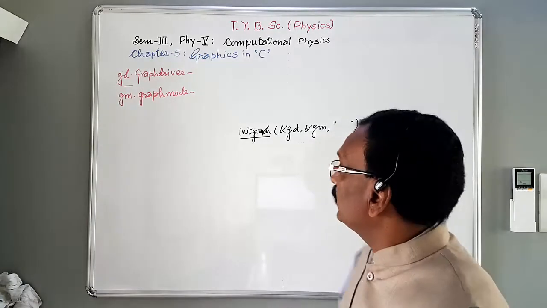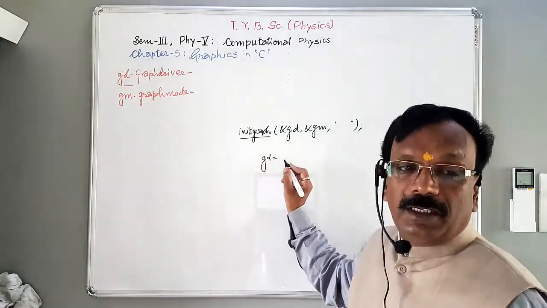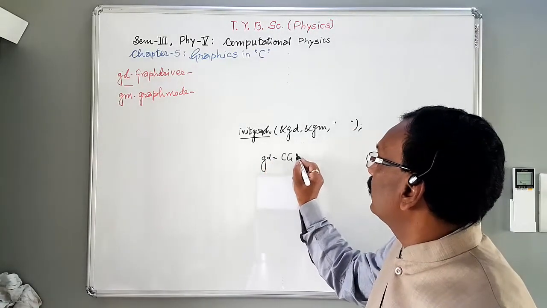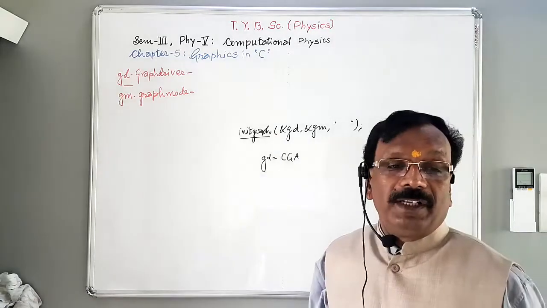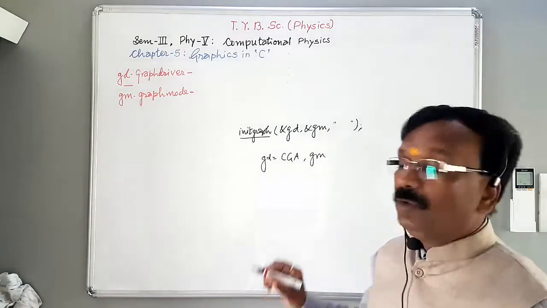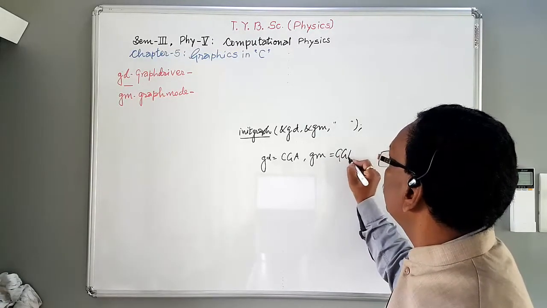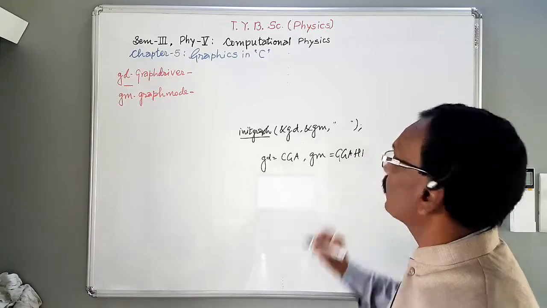For example, GD is equal to CGA, computer graphic adapter, then GM, that is graphic mode, and here CGAHI.